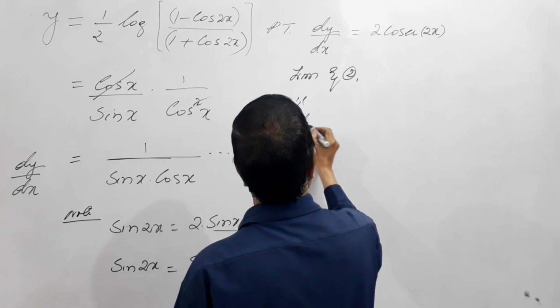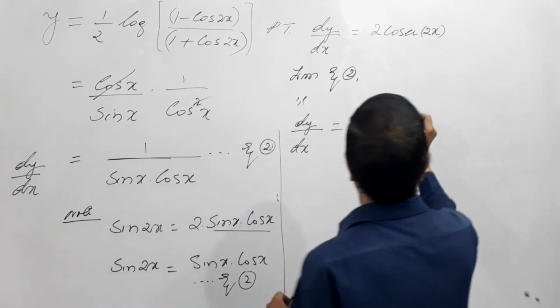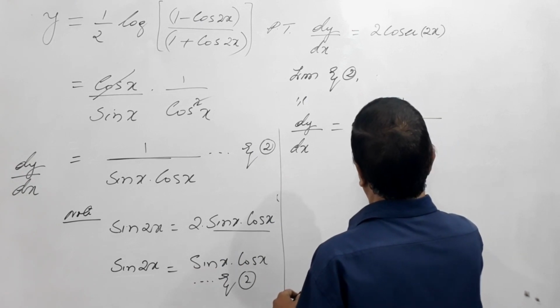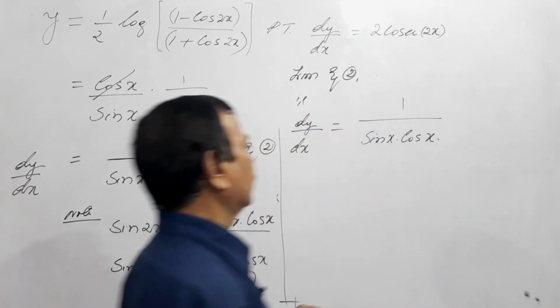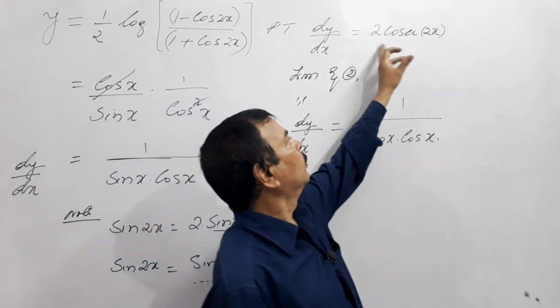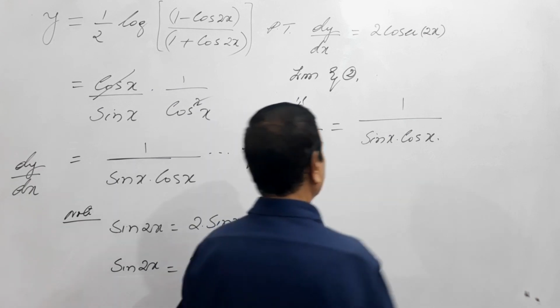So this is equation 2, that is dy by dx equals 1 by sin x into cos x. So now you want 2 cosecant of 2x. How do you get this?